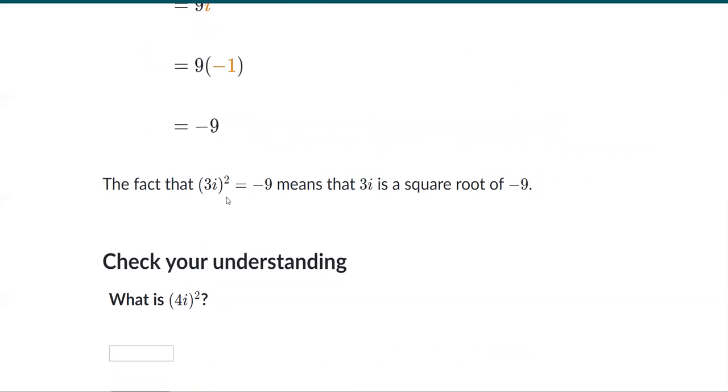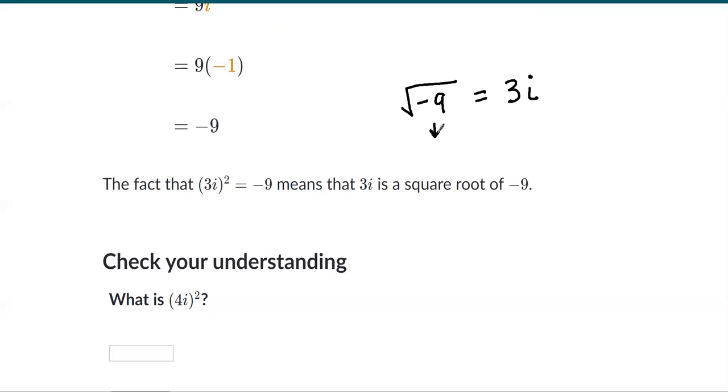The fact that 3i squared equals -9 means that 3i is a square root of -9. In other words, if you take the square root of -9, actually here, let's write that. So if I do the square root of -9, that answer would be 3i.